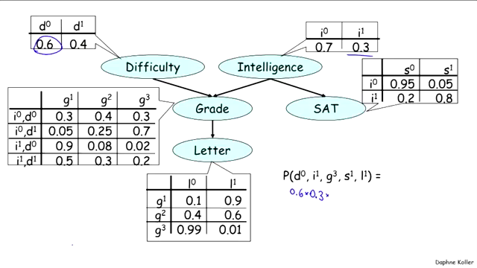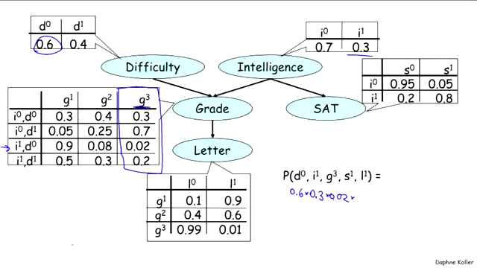The next one now is a conditional factor, and for that we need the probability of G3, because we have G3 here, so we want from this column over here. And which row do we want? We want the row that corresponds to D0 and I1, which is this row, so 0.02.